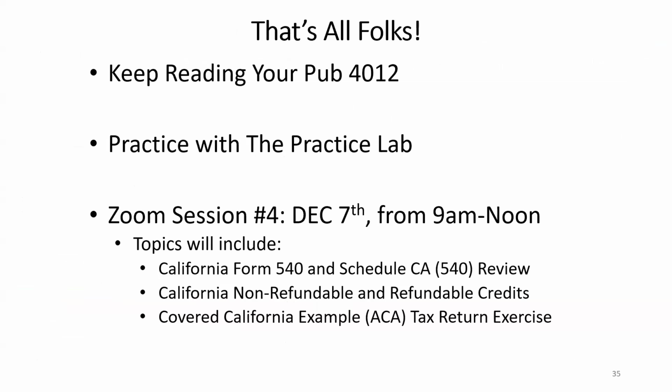We'll talk about California. That should be posted for tax year 2024. We'll go through the Form 540. We'll also go through what's called the Schedule CA. And then we'll talk about California credits. There's numerous credits there. And we'll also talk about an example of the Affordable Care Act and go through an exercise.